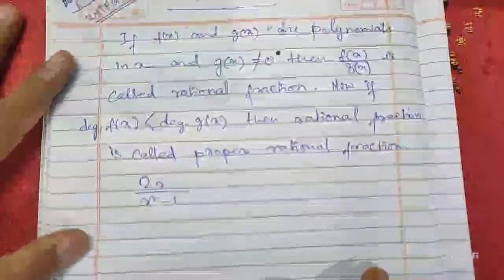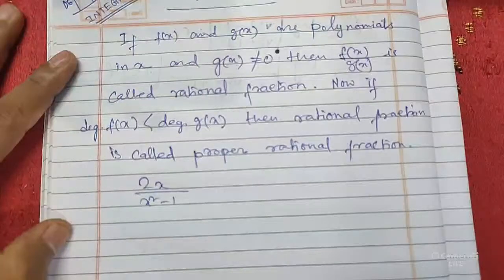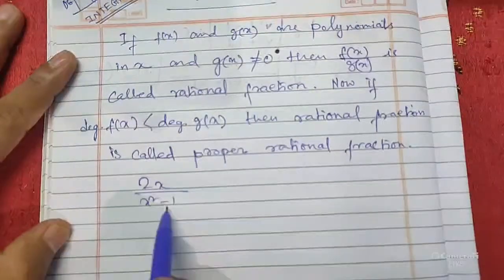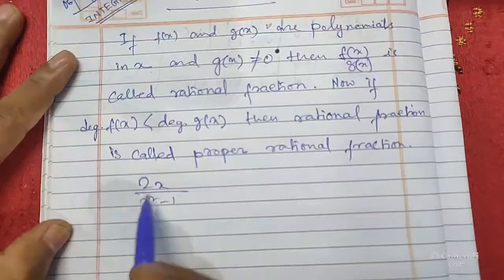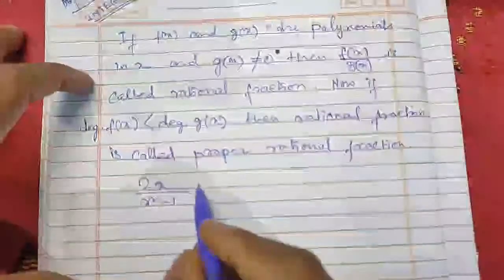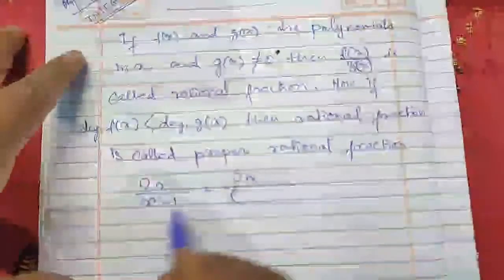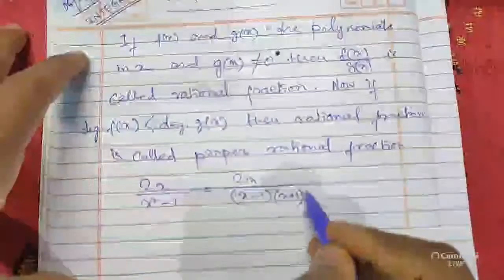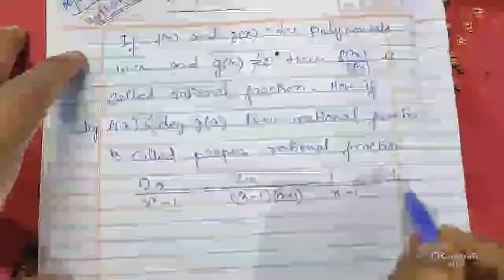Now see, given 2x by x square minus 1, the denominator degree is greater than the degree of numerator f(x). So break it: x square minus 1 by the formula becomes x minus 1 into x plus 1, and if you write this fraction as 1 by x minus 1 plus 1 by x plus 1, you will get this one.